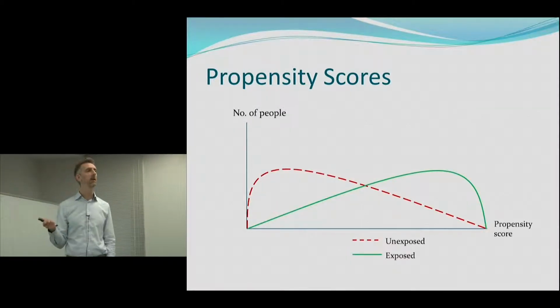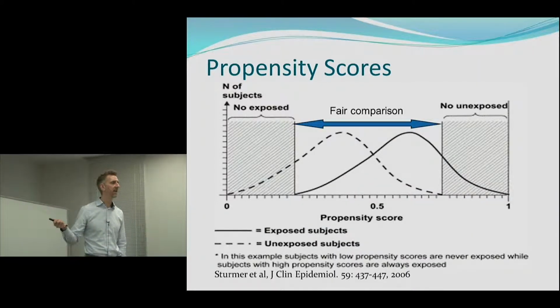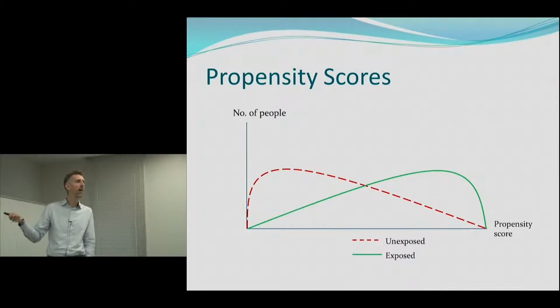Now in reality, the distribution rarely looks quite as nice as this. It may look a bit more like this, where you've got a full range of scores in both the exposed and the unexposed, but you've got a definite tail off amongst the exposed at the lower end and amongst the unexposed at the higher end. Okay, this is probably more like the reality.